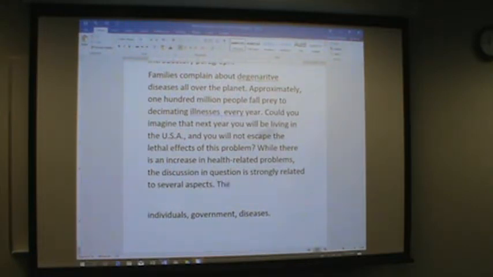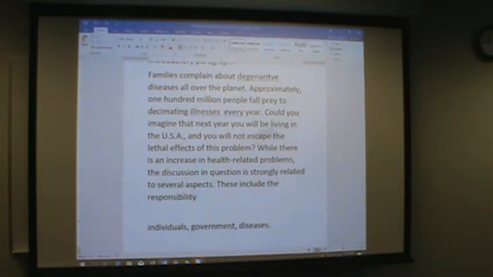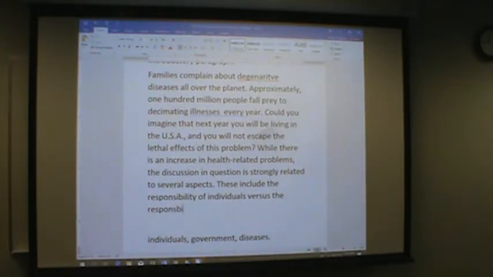These include the responsibility of individuals versus the responsibilities of the government.